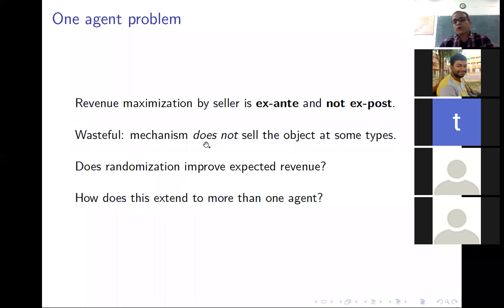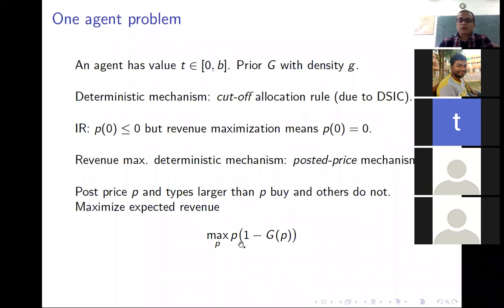This is an important point, because you might think, how is it that the seller is maximizing revenue by not selling the object at certain types? Well, if the seller were to sell at every possible type, then the only choice of a posted price is P equal to 0. That's the only way he can sell to every possible type, because he has to set the posted price before agents report their type.